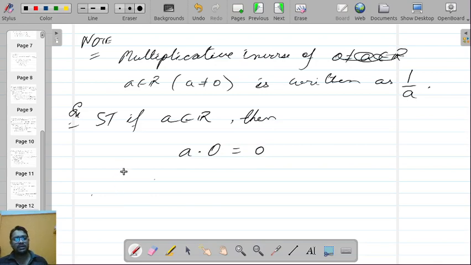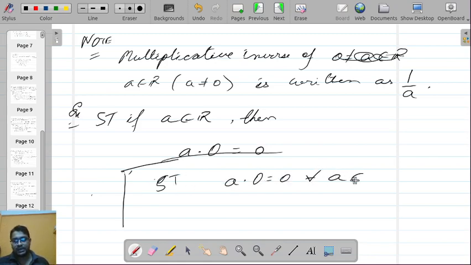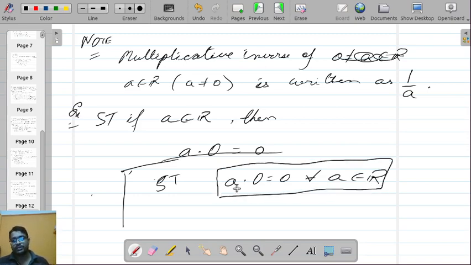Or the other way, show that a dot 0 equals 0 for all a inside R. Now, this we had not listed as a field axiom; in the field axioms we have not listed this anywhere. But we will try to show that any element multiplied with the 0 element gives 0 only.